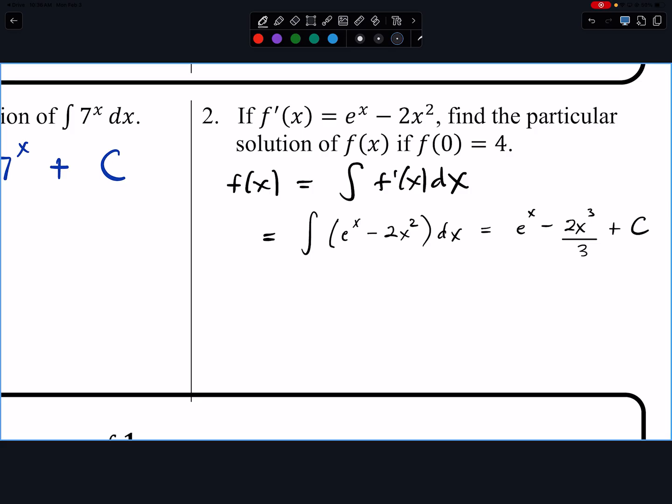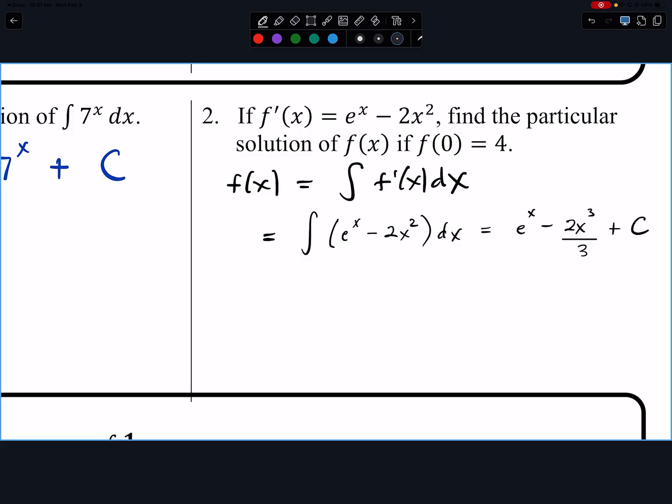Now, what this is going to allow us to do is find the function for this situation. So this is going to allow us to solve for c, okay? So f of 0 equals 4. I want you guys to think about that 0 is like the input, so that's going to be x equals 0. If I plug in 0 into this function, I get 4, okay?